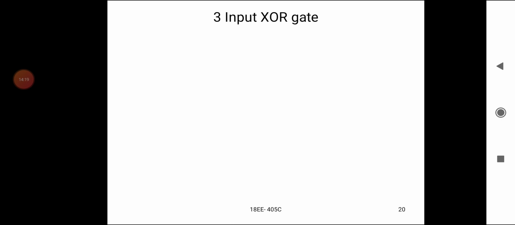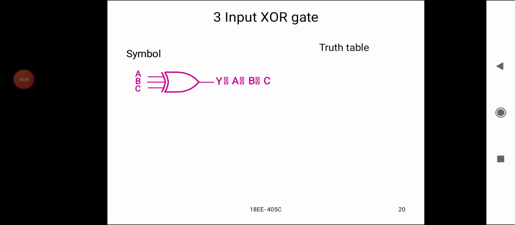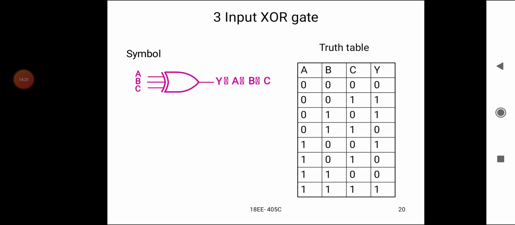Three input exclusive OR gate: A, B, C are inputs, then output Y equivalent to A exclusive OR B exclusive OR C. Truth table ABC: 0 0 0, 0 0 1, 0 1 0, 0 1 1, 1 0 0, 1 0 1, 1 1 0, then 1 1 1.